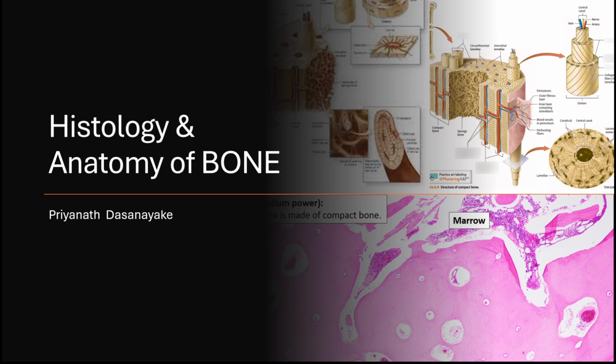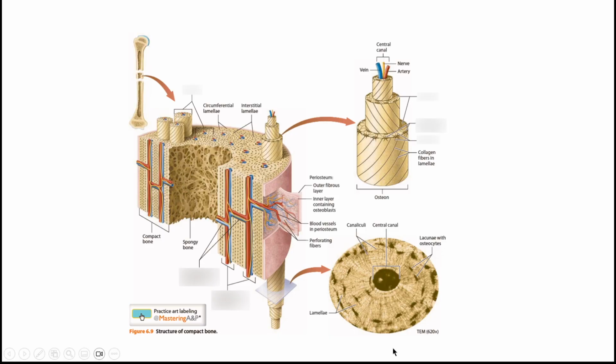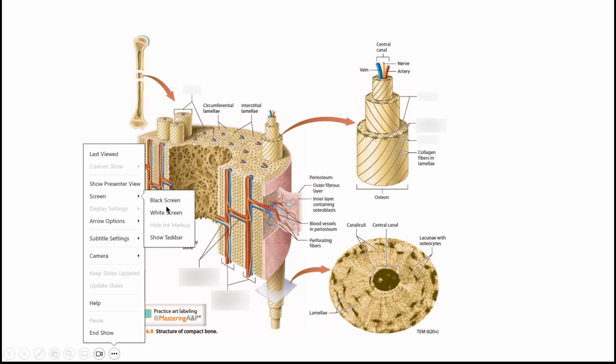So initially, before starting anything, I would like to start discussing the basic anatomy or the basic histology that is associated with bone, or the osteology. So basically, the bones are composed of three main types of cells. What are they? They are the osteoblasts, which produce bone. Then there are the osteocytes.